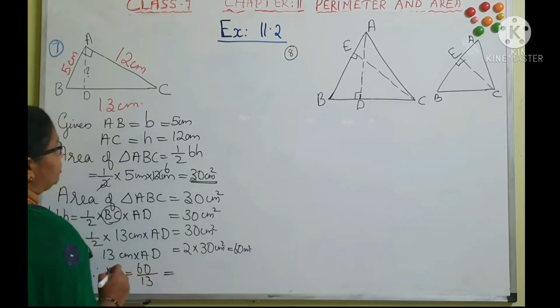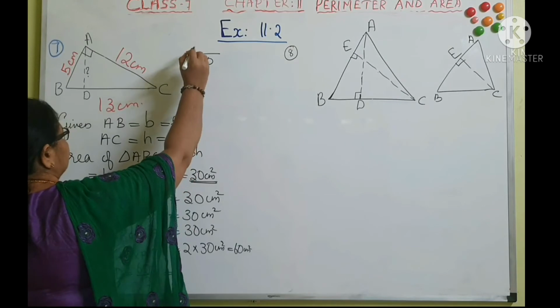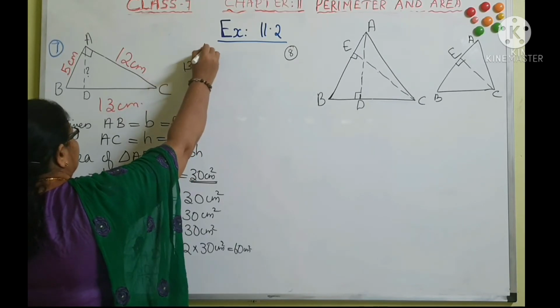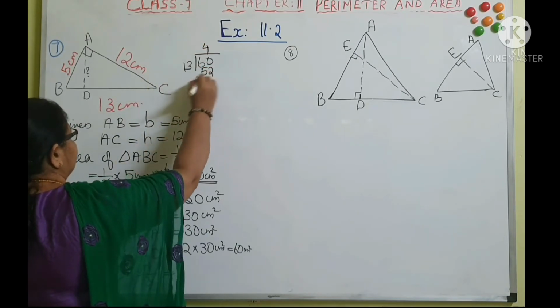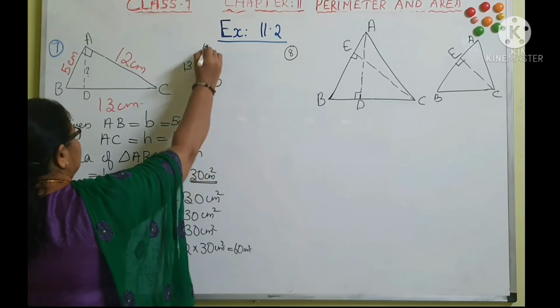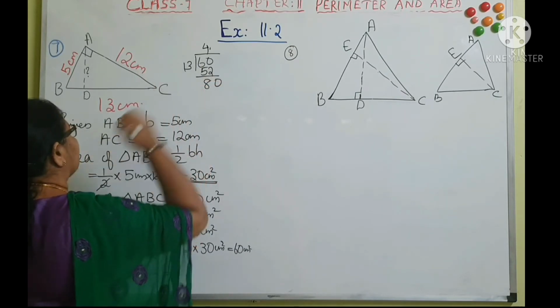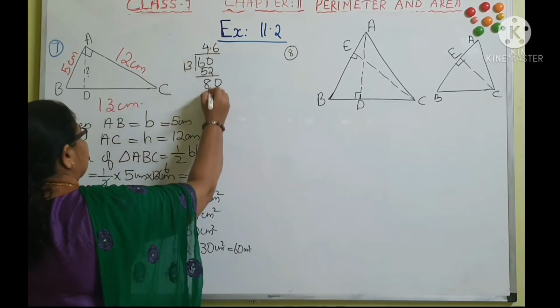Then 60 divided by 13, 4, 52, 8, 8, then 0, how many times? 6 times.